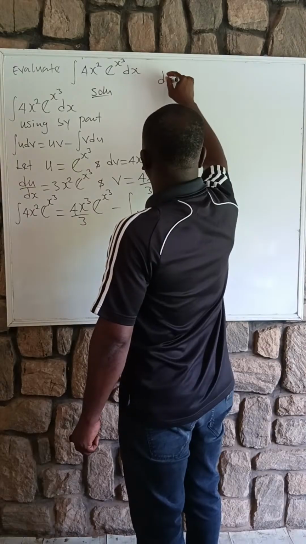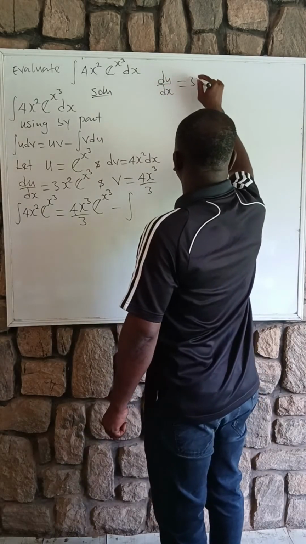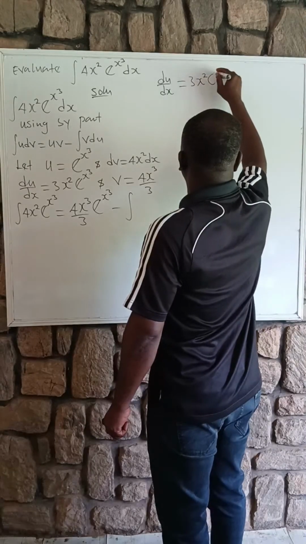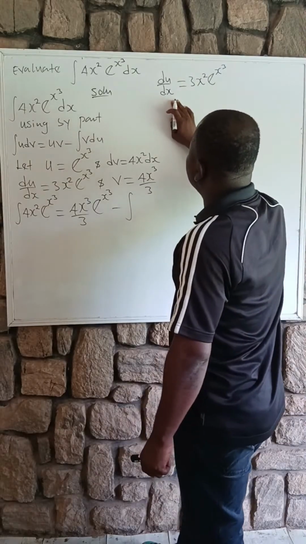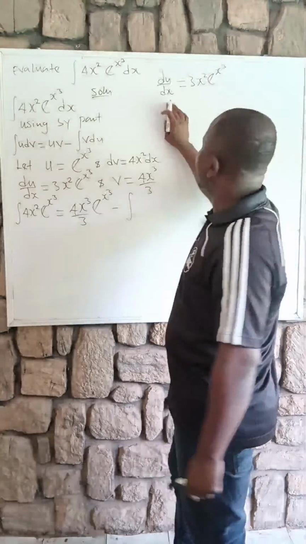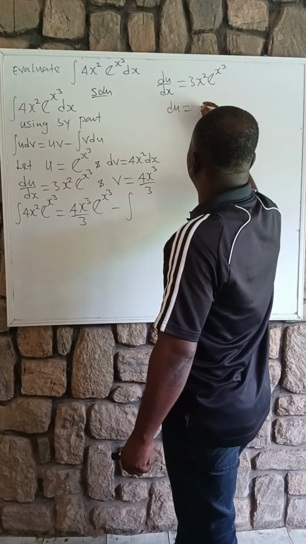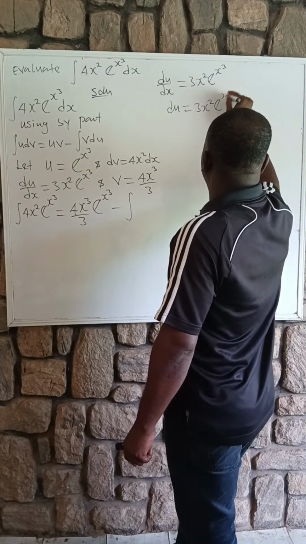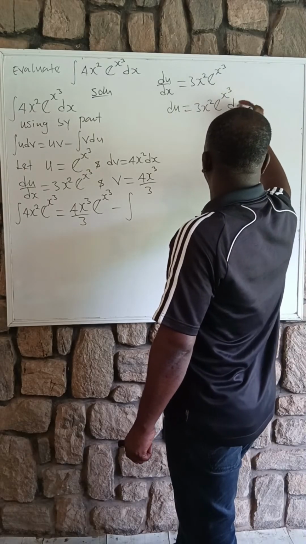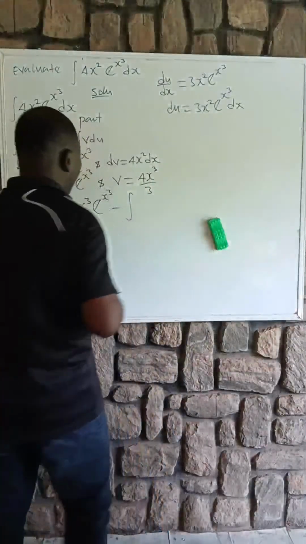When you have du all over dx equals 3x squared exponential x raised to the power 3, it means to obtain our du, we cross multiply, right? So our du will now be equal to 3x squared exponential x raised to the power of 3 times dx, true or false?